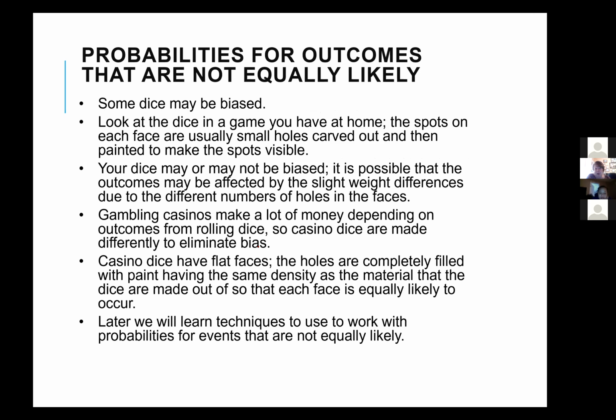Otherwise, they're going to get sued. Once they remove the divots in their dice, they fill the divots level using paint that's the same density as the die. So truly, a 1 has exactly the same probability of being rolled as a 6.